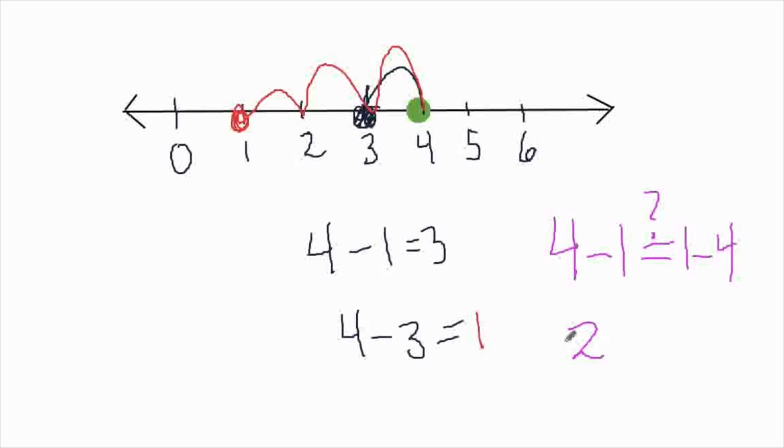Does 2 minus 0 equal 0 minus 2? The answer is no. That is not true. Notice with subtraction, you cannot flip the order. The order matters. What about associativity? Let's think about that next.